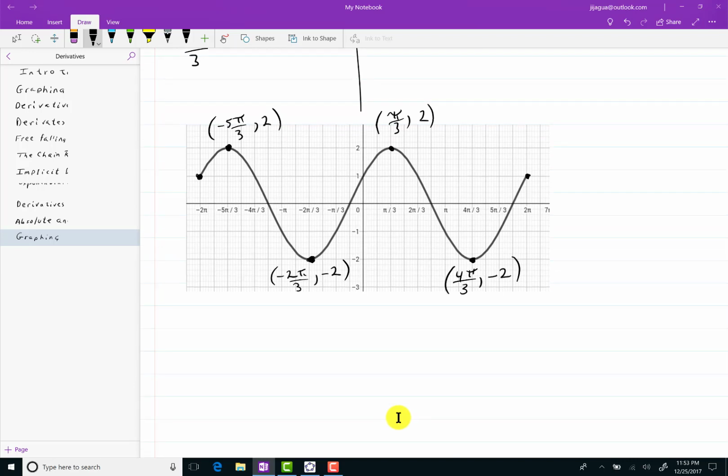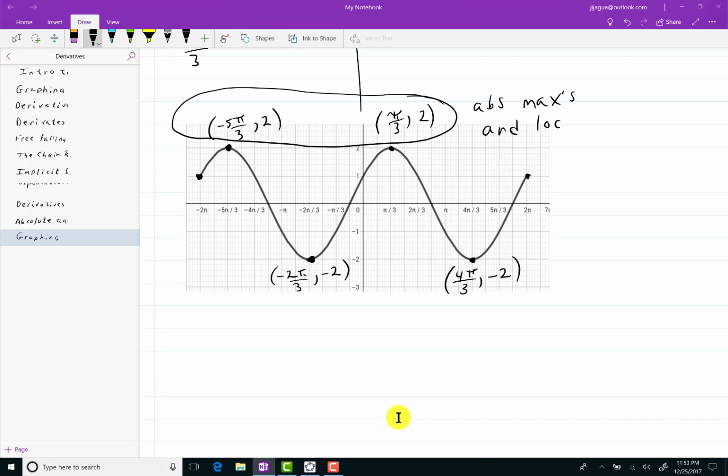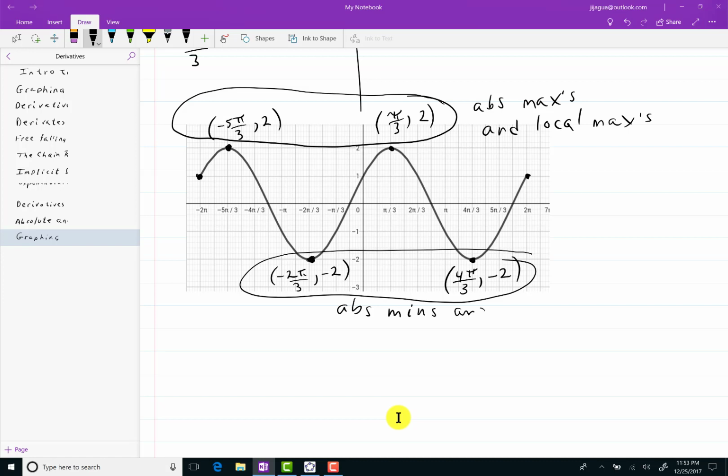So these guys up here are abs maxes and local maxes. And these guys down here are abs mins and local mins.